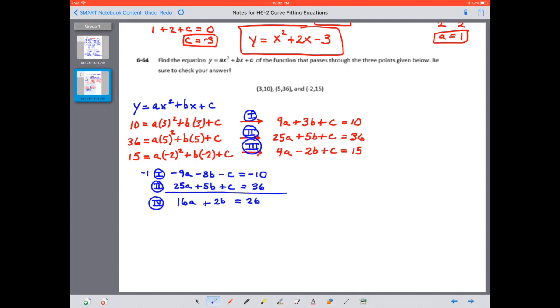The second pair is up to you, whichever ones you want. I'm going to do, let's see, I'll do 1 and 3 on this one. So I'm going to multiply equation 1 times a negative just to keep it consistent. You can use whatever you want. Don't feel like you have to use what I use.